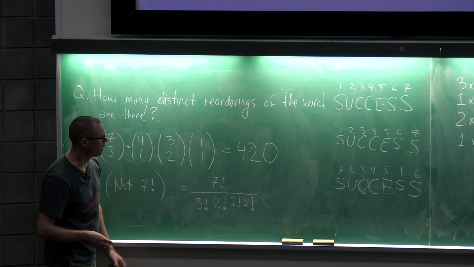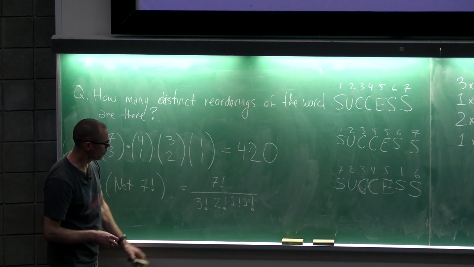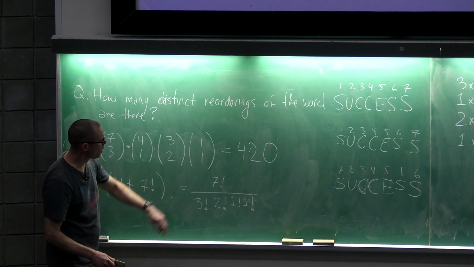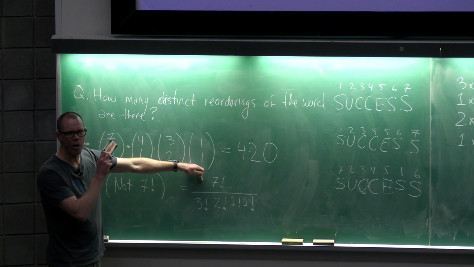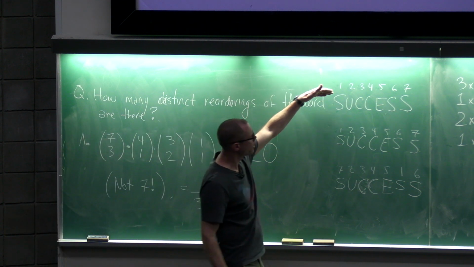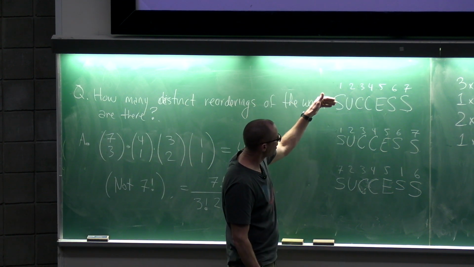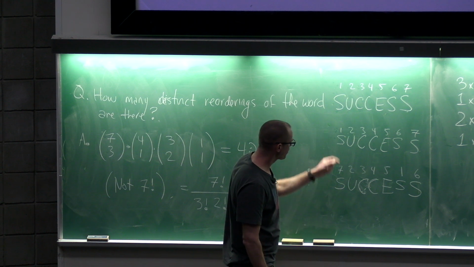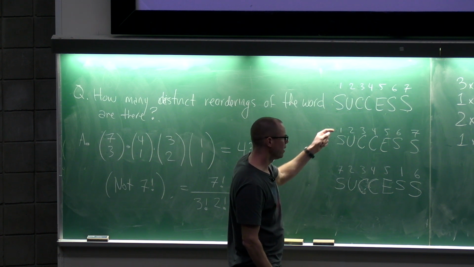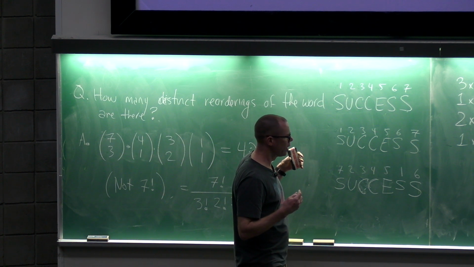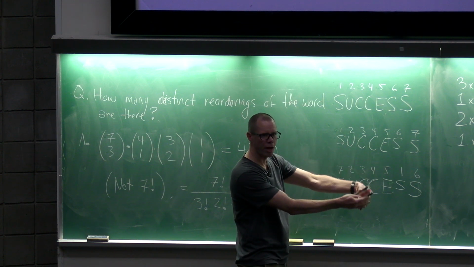That's another way to tackle these problems, which is by saying, list out all 7 factorial permutations, but then count how many different permutations take you to the same thing.